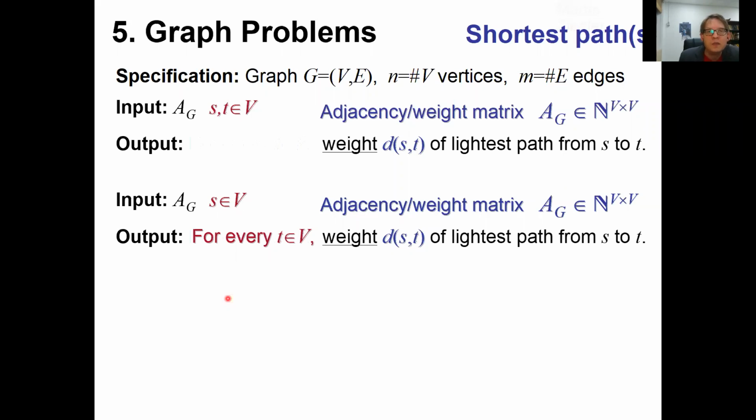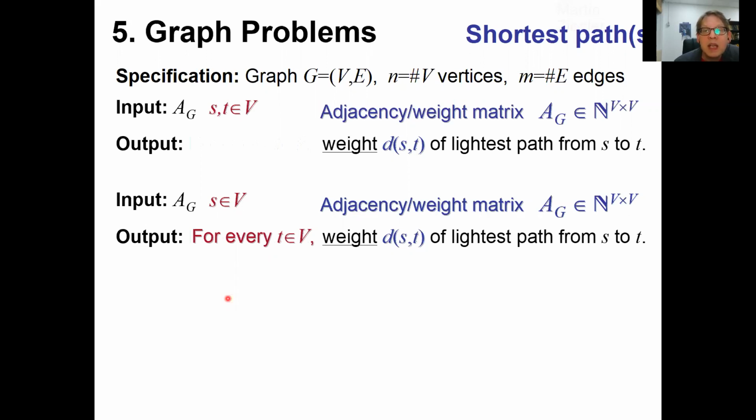Okay, so in the first problem, we have two input vertices and the output is a single integer, right? In the second variant, we have one input vertex, not two, and the output is how many integers? N integers. For each possible choice of T, target vertex, of which there are n many, output the weight of a lightest path from start to target.